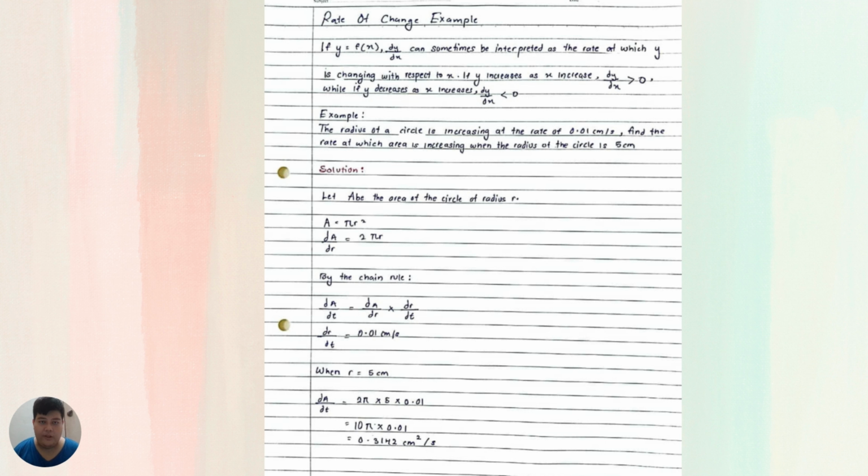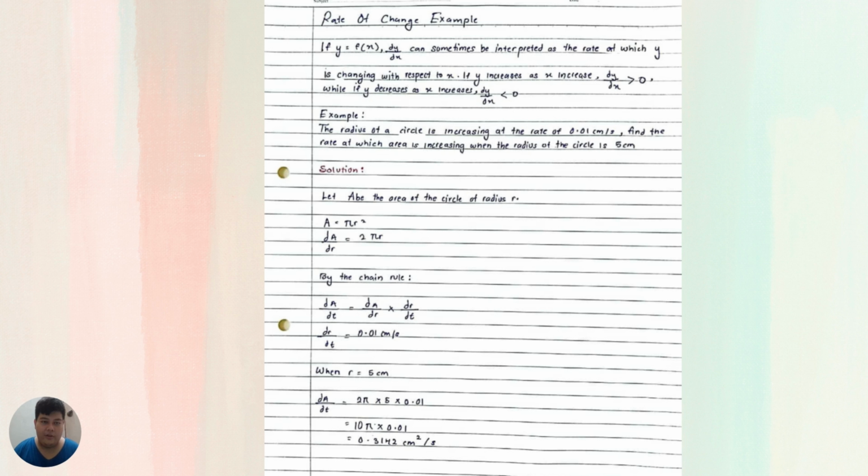If y increases as x increases, dy/dx is more than 0, while if y decreases as x increases, dy/dx is below 0. An example question is: the radius of a circle is increasing at the rate of 0.01 cm per second. Find the rate at which the area is increasing when the radius of the circle is 5 cm.